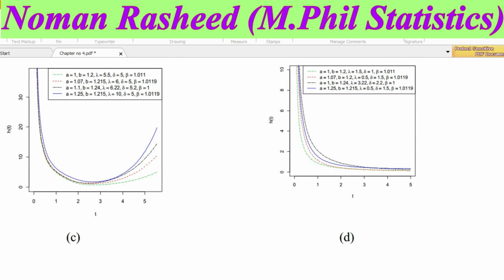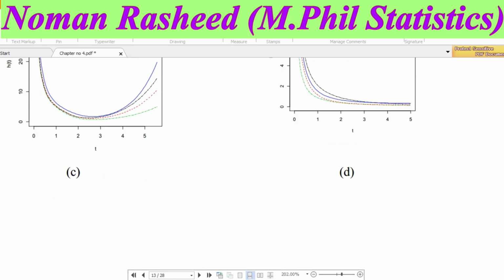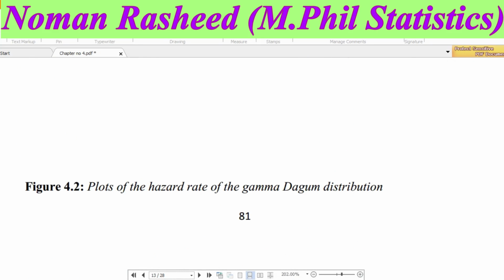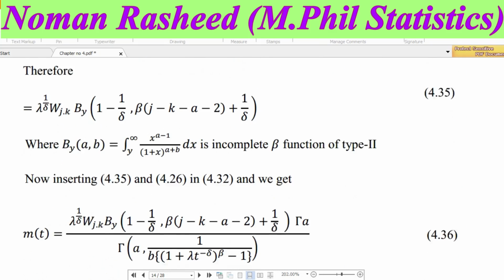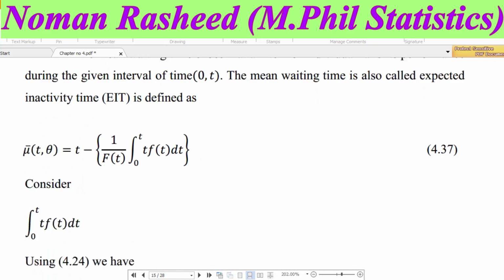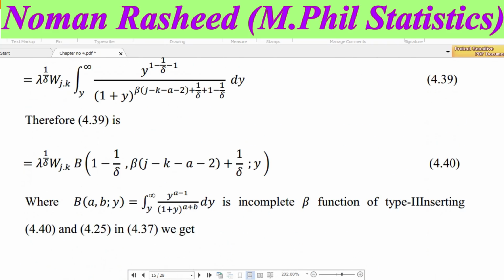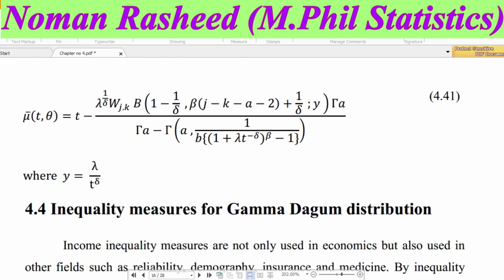Yes, it is a decreasing function graph, while it is the same as the U-shaped or bathtub shape curve of the hazard function of the gamma Dagum distribution. Mean residual life and waiting time are also obtained. These are the reliability properties of the gamma Dagum distribution.